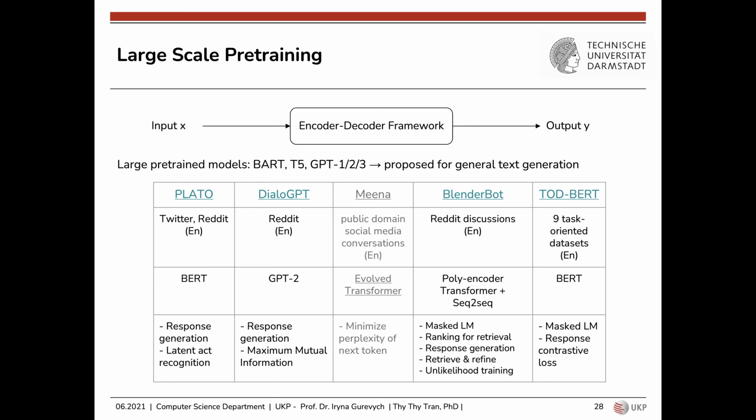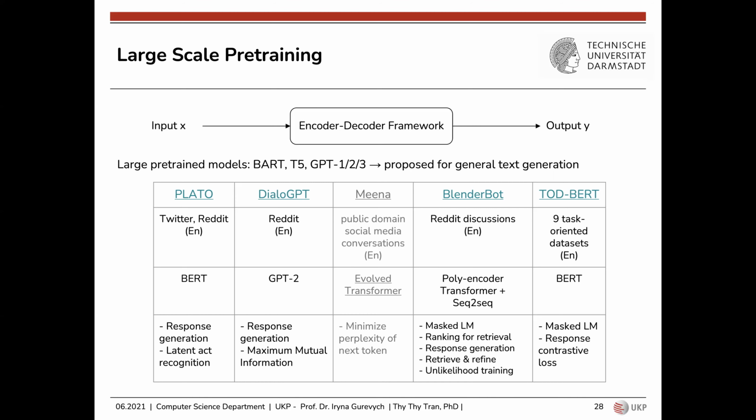Meena uses public domain conversations, but the data and the model are not publicly available. ToD-BERT uses nine task-oriented datasets for pre-training. All of these models employ transformer-based architecture.